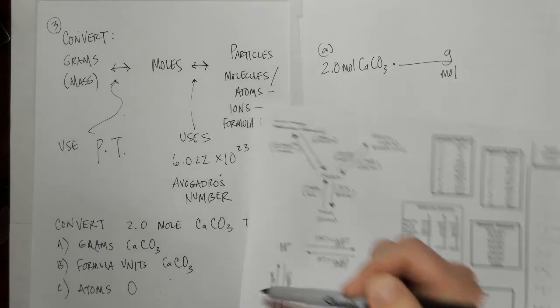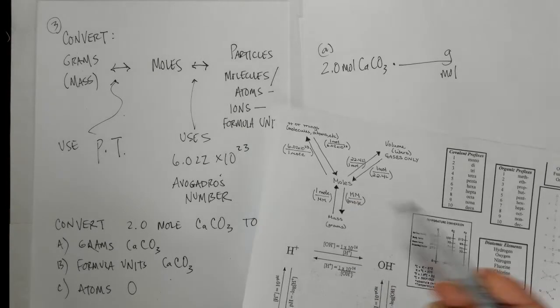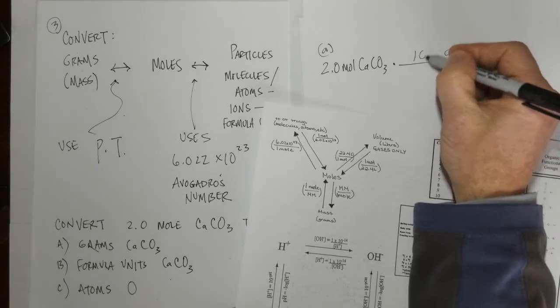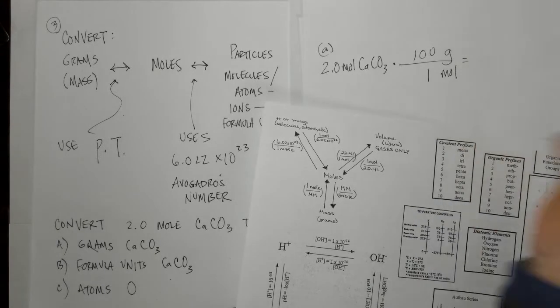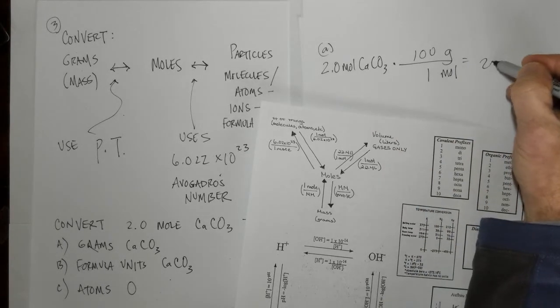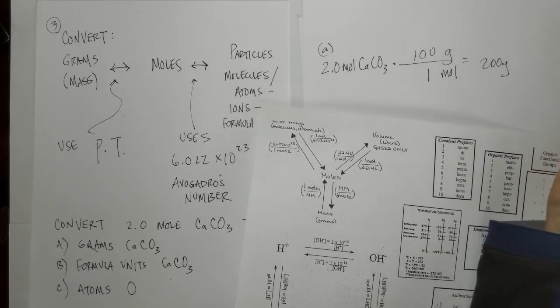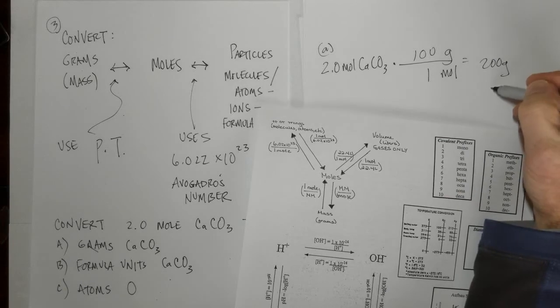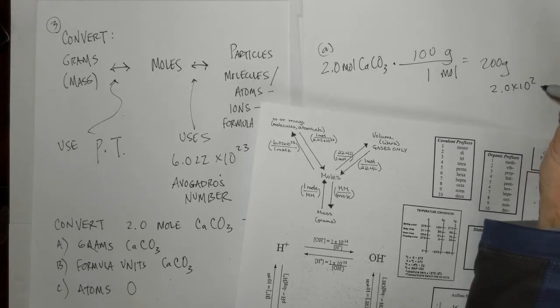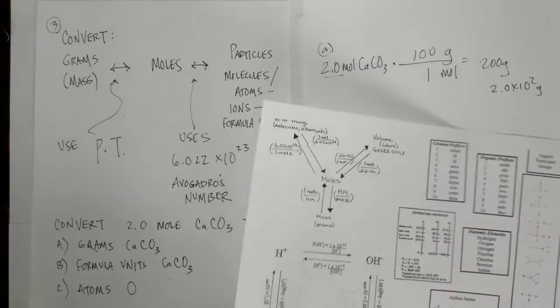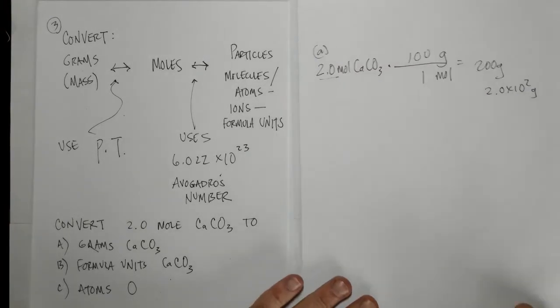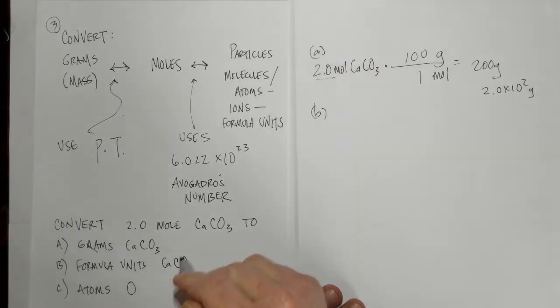We already added up calcium carbonate on the last problem, so we know that calcium carbonate is 100 grams in 1 mole. 2 times 100 means there are 200 grams. To significant figures, we'd write 2.0 times 10 to the second grams because there's 2 sig figs in this particular measurement.